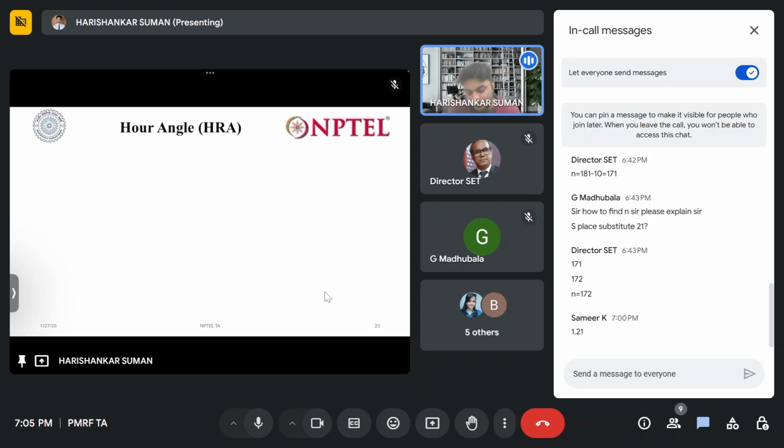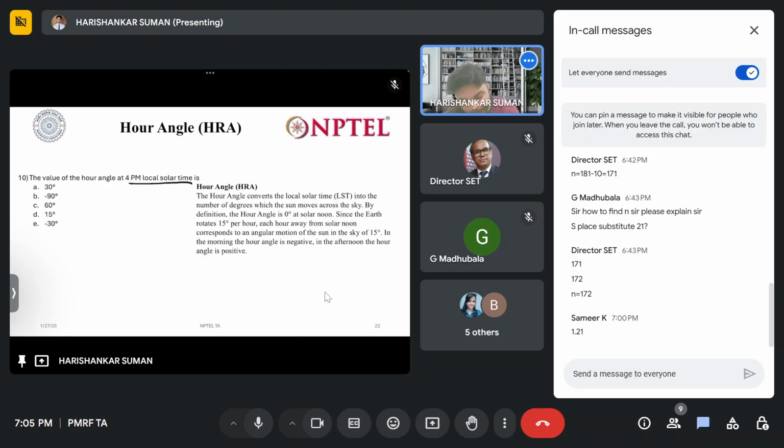Next, let's say the value of the hour angle at 4 p.m. local solar time is, and you can use this formula.